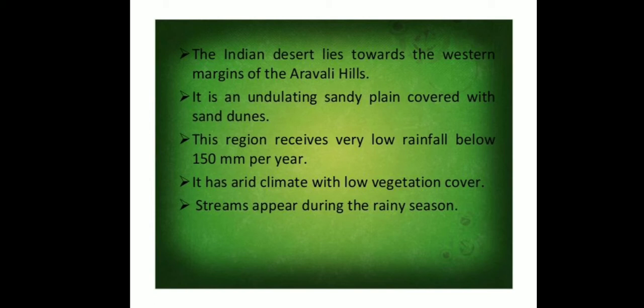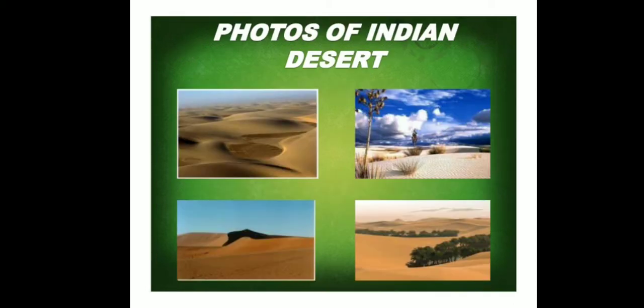Streams appear during the rainy season only. That means the water streams can be seen only in the monsoon season when there is rainfall. After that, see, here are the pictures of the Indian deserts.